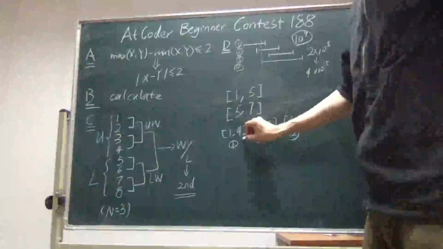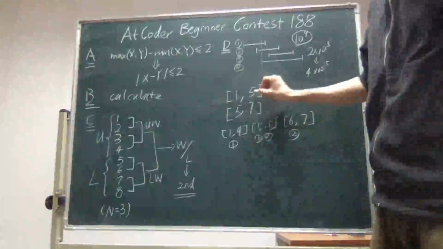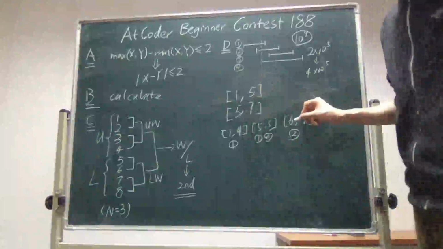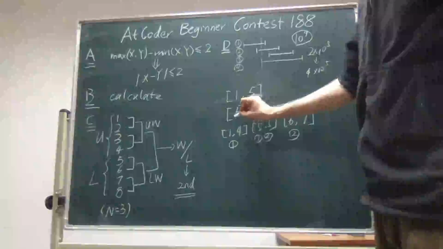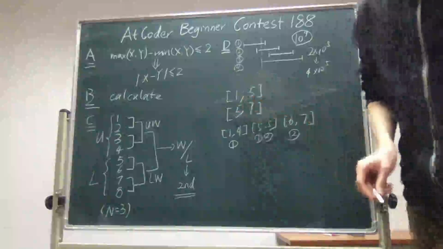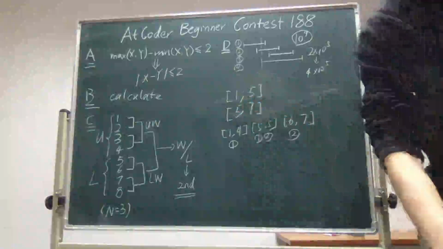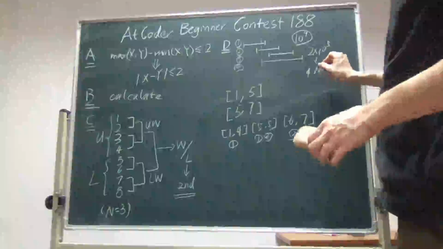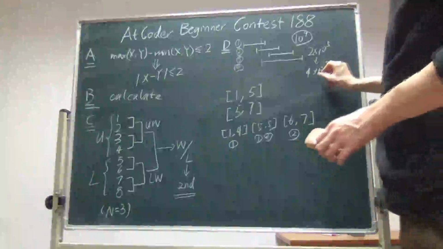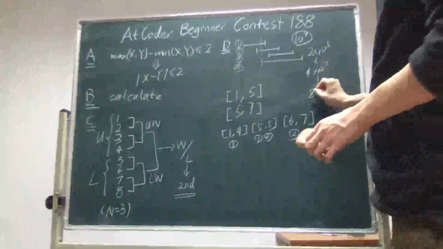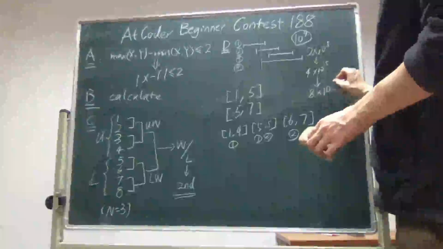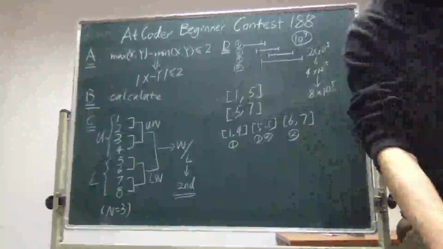What is 4? 4 is 5 minus 1. What is 6? 6 is 5 plus 1. So this means instead of 400,000, actually we can have as many as 800,000 endpoints.